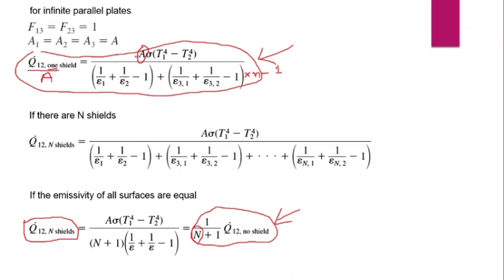So we will take this A to the LHS, right? And then we are going to apply this formula. Epsilon 1 and epsilon 2 are already given. Epsilon 3 and epsilon 3 minus 1 are already given in the question itself. So we can simply apply this formula and find out Q12, right? What is Q12? Heat transfer between 1 and 2 when we have a shield between them.